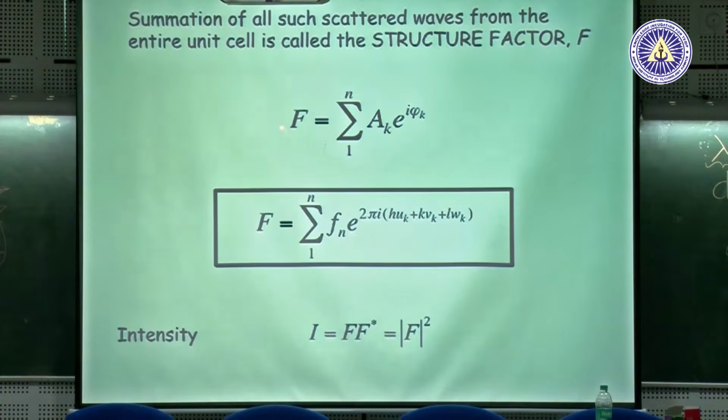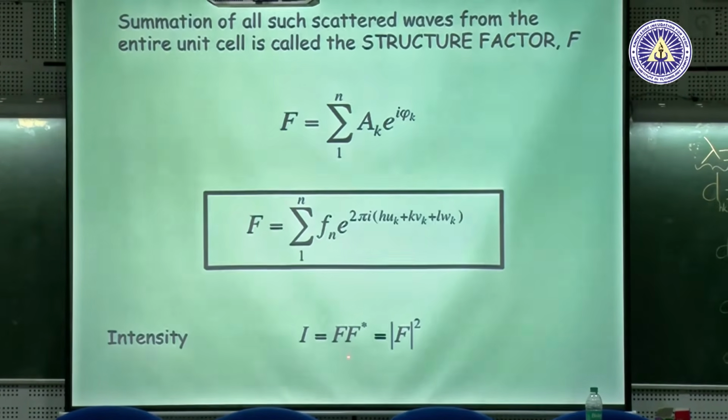And this way of adding waves just gives you the amplitude. So, this is the complex amplitude of the wave. The intensity is the square of the amplitude, or in the case of complex amplitude, it is the amplitude multiplied by its complex conjugate.